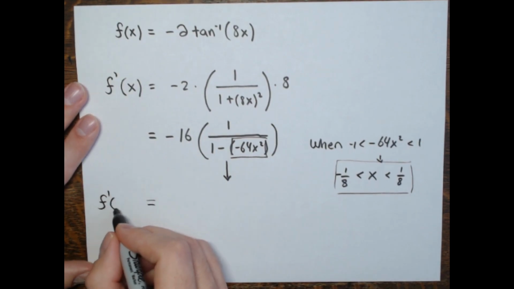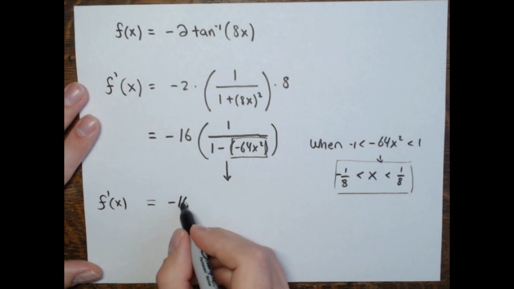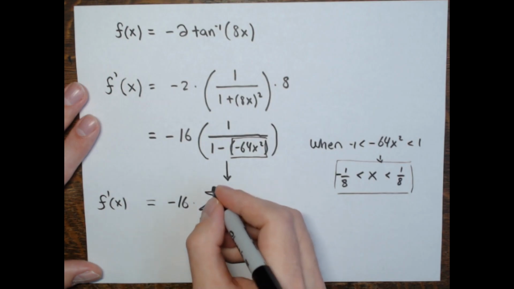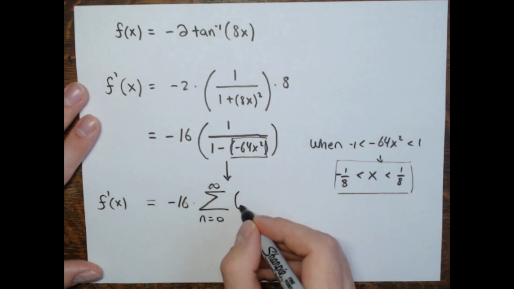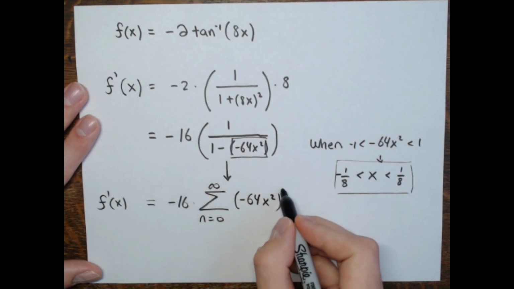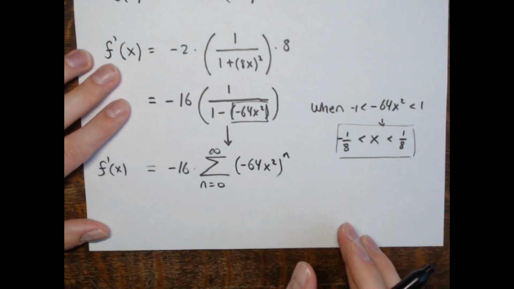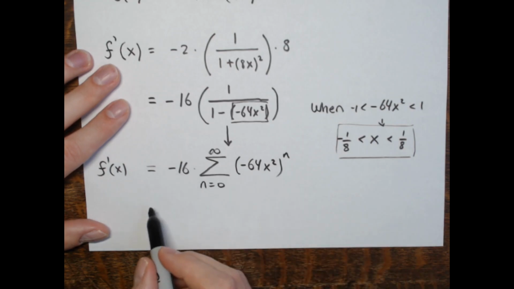F prime would be equal to negative 16 times the sum from n equals 0 to infinity of this negative 64x squared, the thing in the box, to the nth power. Which I will rewrite in another way here.